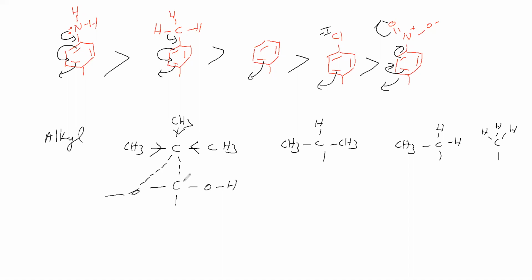Because of the plus I effect, the bond breaking is easy and the formation will be easy. Therefore, tertiary shows more migration tendency than secondary, which shows more than primary, which shows more than methyl. Like this the migration tendency will be. So we got how the migration tendency is.